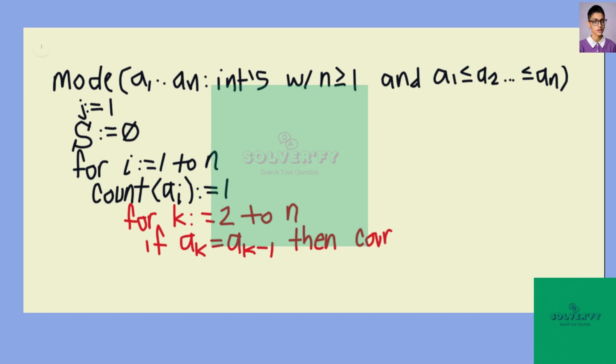We're going to set the count of this kth element equal to the count of the first or the previous time it occurred in the list. So the k minus 1 element, but plus 1.